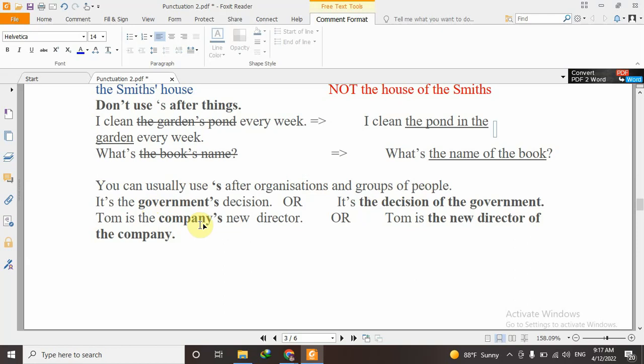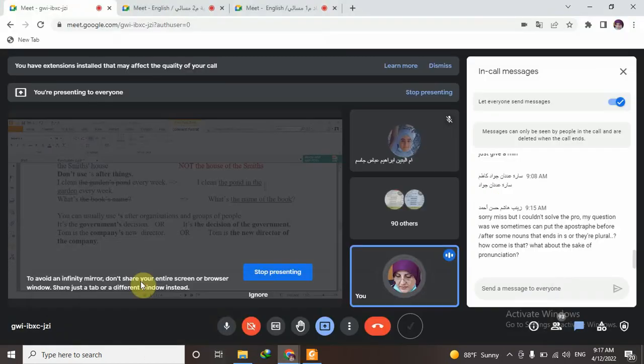And as you have here, Tom is the company's new director. So who is ruling this company? Tom and other people like Tom. So I can say Tom is the company's new director, or Tom is the new director of the company.